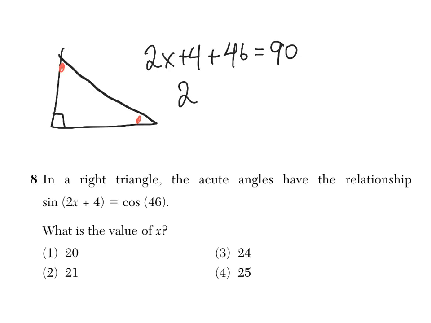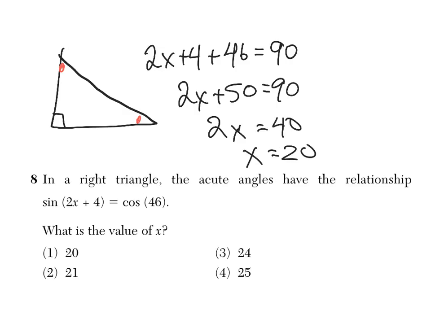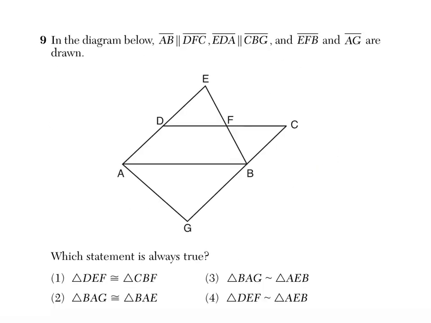That makes sense, and I know that 2x plus 50 equals 90, and when we subtract 50 from both sides, 2x gives us 40, and so x equals 20 degrees. Is this an option? Sure is, the correct answer is option number 1.